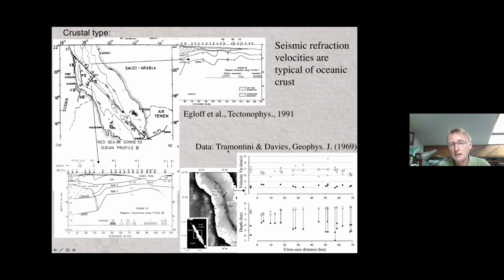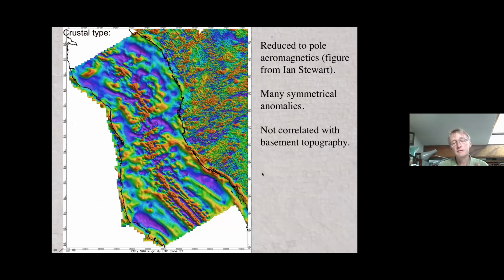Going back even earlier, Tramontini and Davis did an experiment with sonar buoys and explosives, and their lower layer velocities are consistently layer 3 velocities. So I think the crust under the axis is oceanic.